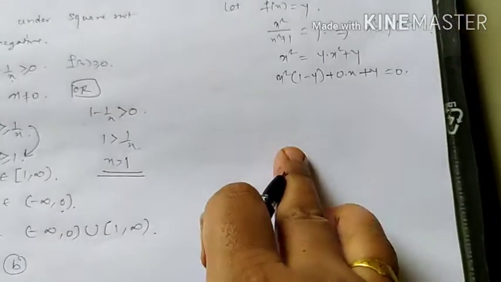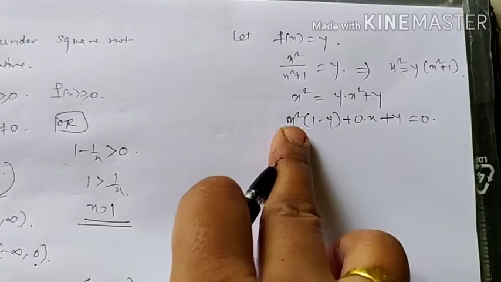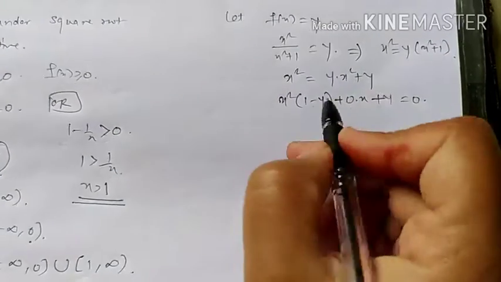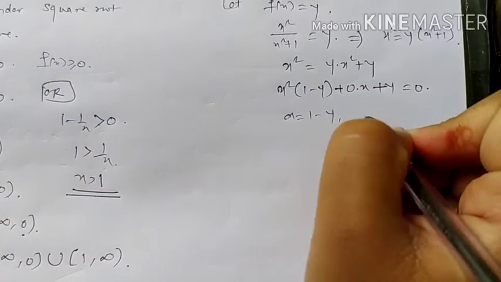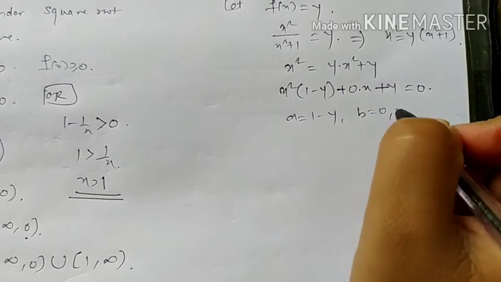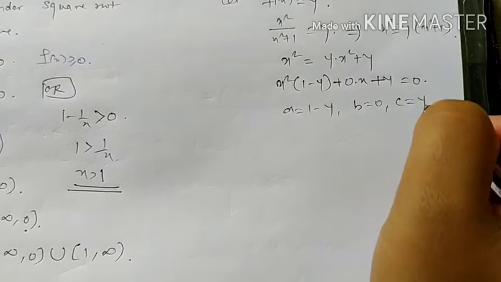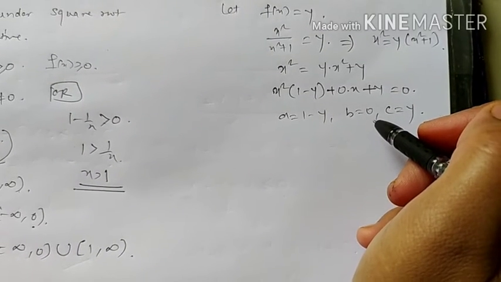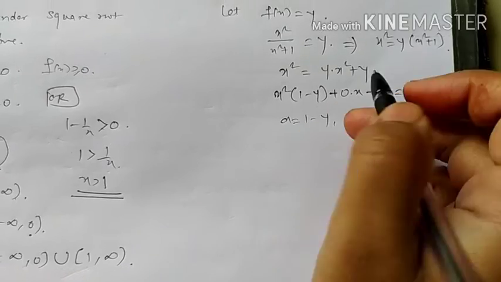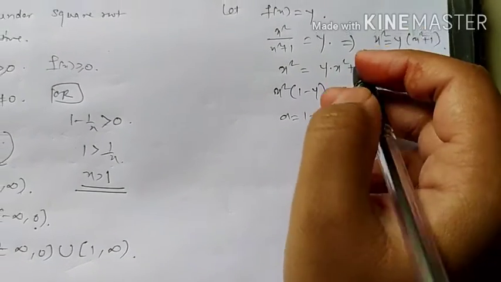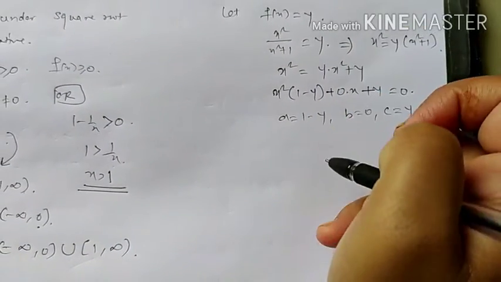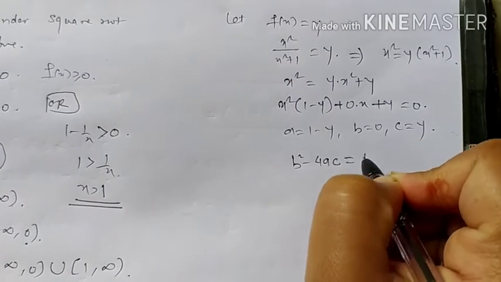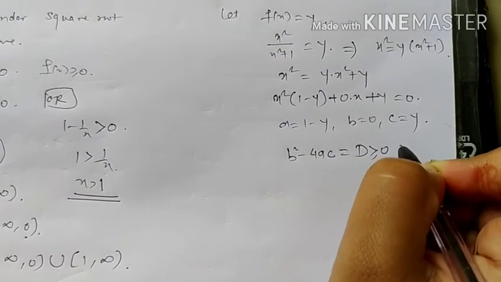See, now it is a quadratic equation in x. So we can find now: a is 1 minus y, b is 0, c equals y. And we know that for real values of x, the discriminant b square minus 4ac is greater than or equal to 0.